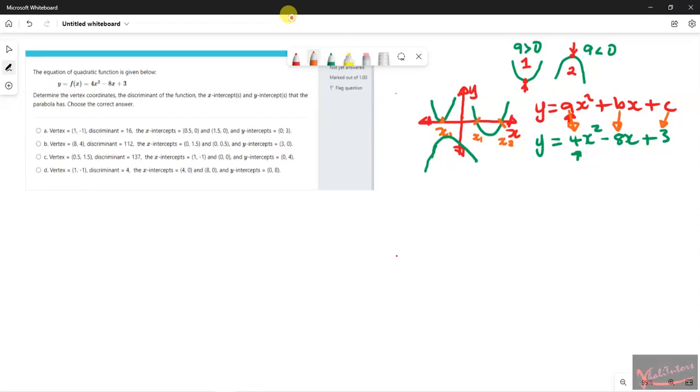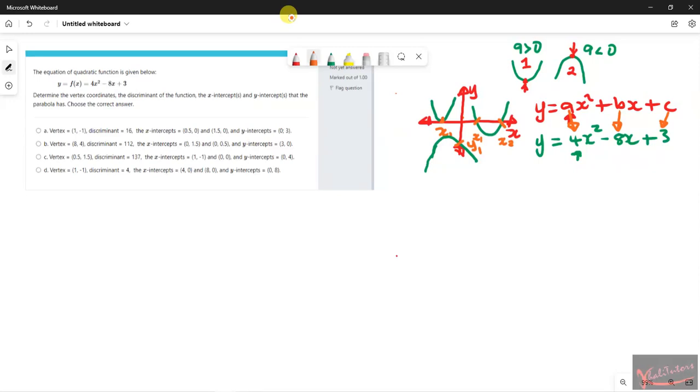This point here will be your y-intercept. Let's just say it's y1. So that's basically it when it comes to intercepts. Your y-intercept is where your graph cuts the y-axis. Your x-intercept is where your graph cuts the x-axis. Okay, so I think we're done with that.